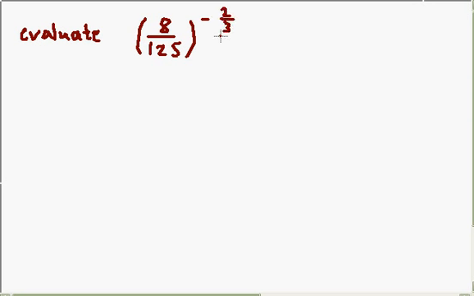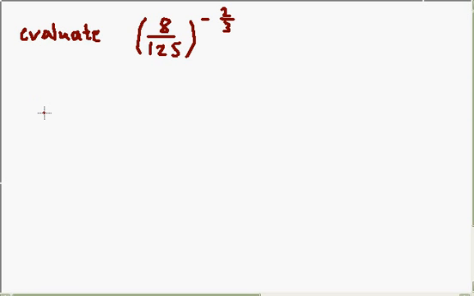We're going to look at a specific example now. We are going to evaluate 8 over 125, already a nasty fraction, to the minus 2/3. Now it is incredibly important that you break this up into steps.